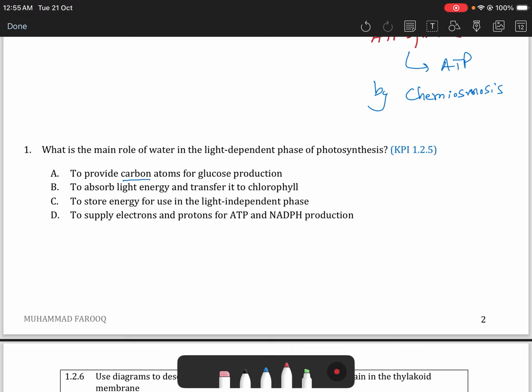To absorb light energy and transfer it to chlorophyll, that is possible, but they don't transfer it to chlorophyll. To store energy for use in the, no, of course no, they don't store energy. To supply electrons and protons for ATP and NADPH production, yes, that's the correct one.